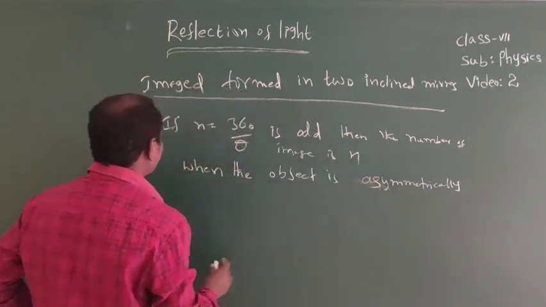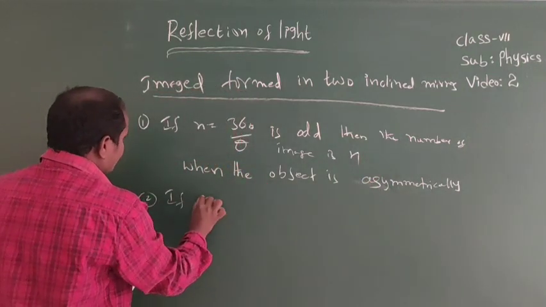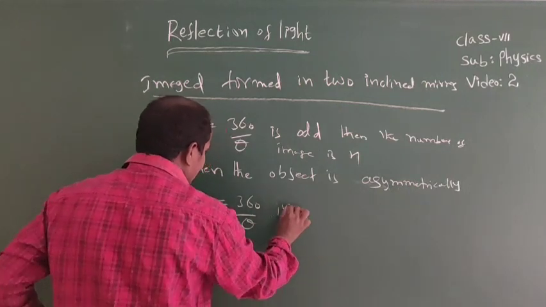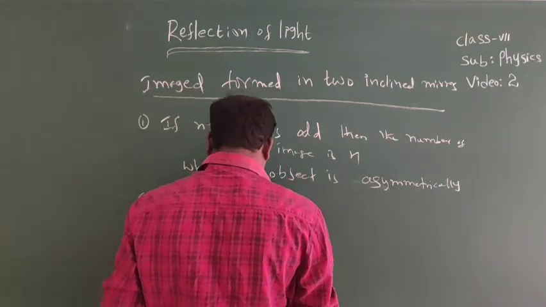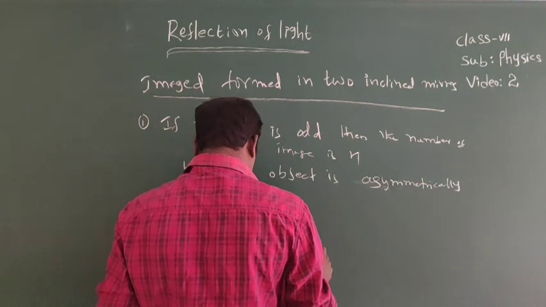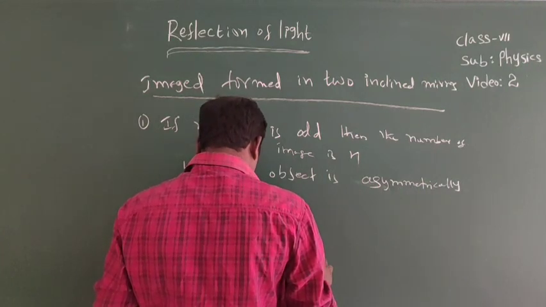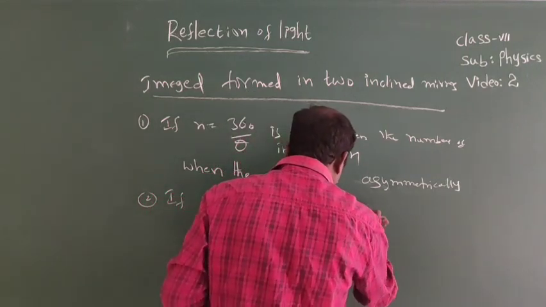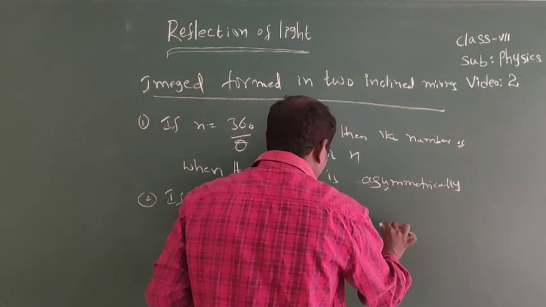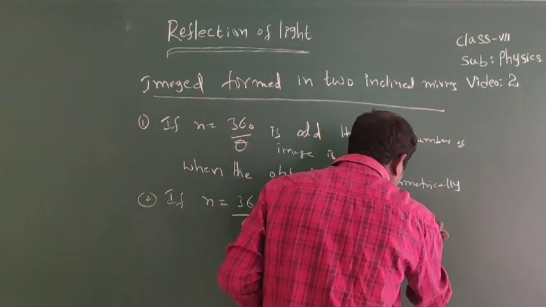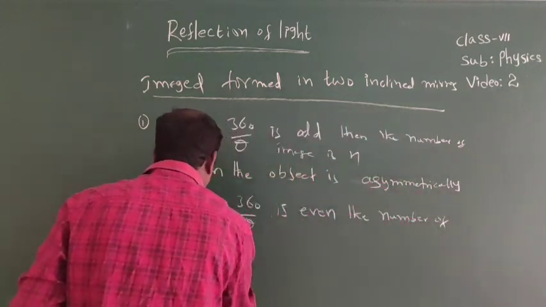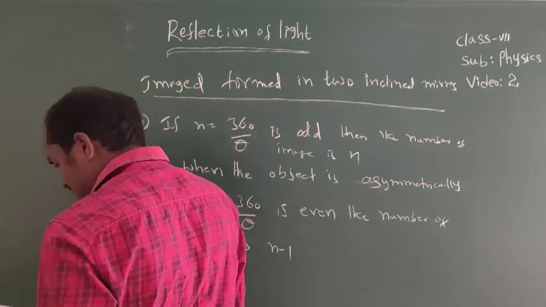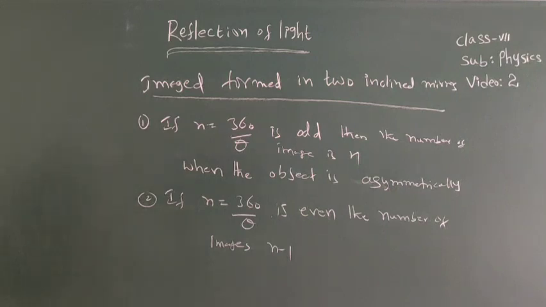Next one, if n equals 360 by theta is even, then the number of images equals n minus 1. I will explain one problem.